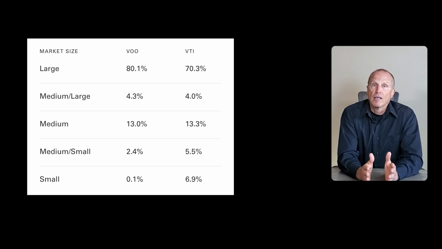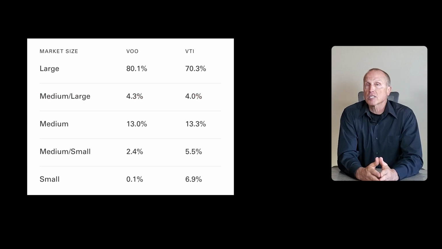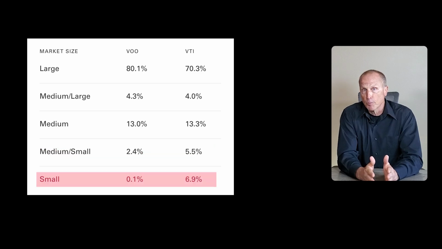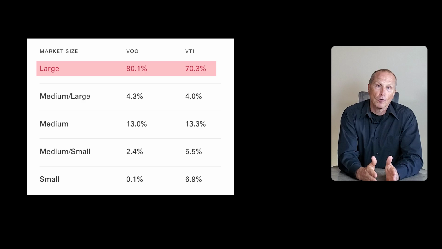As you can see, both have approximately 4% in medium to large size companies and approximately 13% in medium-sized companies. VTI has approximately 3% more in medium to small-size companies and approximately 7% more in small-size companies. That 3 and 7% equates to an additional 10% in the large companies for VOO.